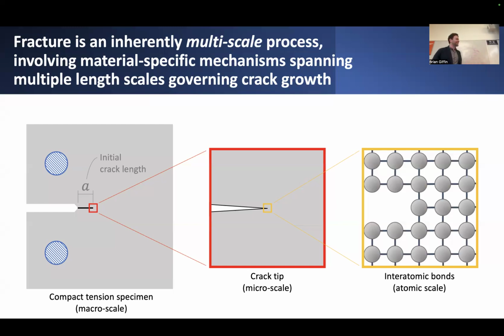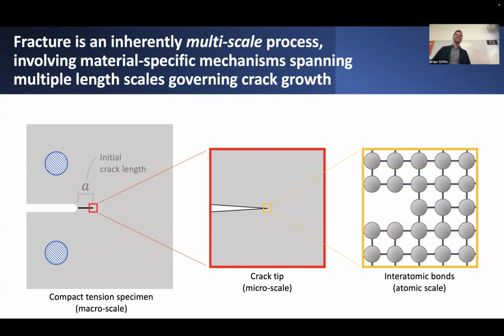Or maybe it's at the level of individual aggregates or sand particles in some kind of inhomogeneous cementitious composite like concrete. And at those scales, a lot of interesting features can show up, a lot of interesting inhomogeneities in the material, which can introduce nuanced behaviors of what's happening in the vicinity of this crack tip location.